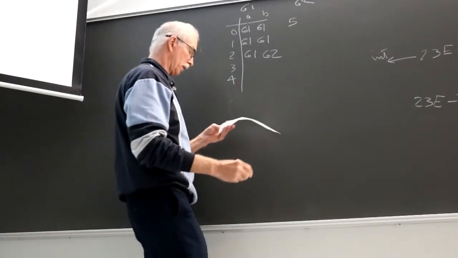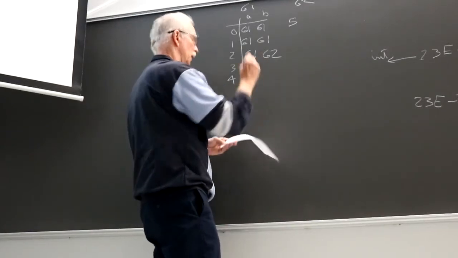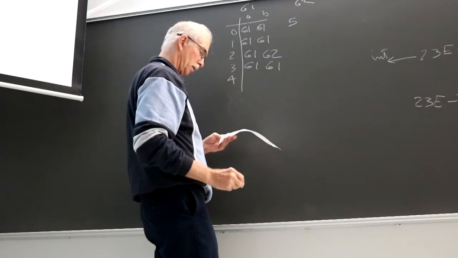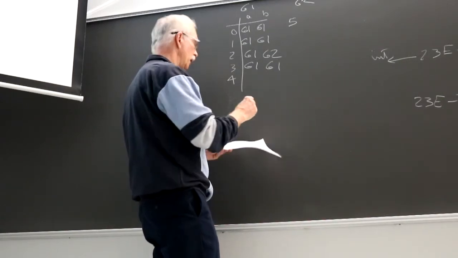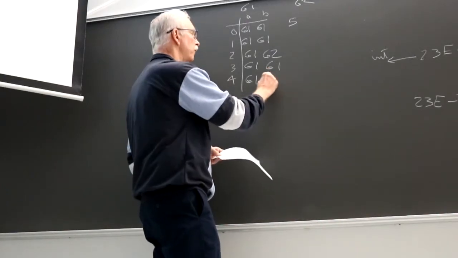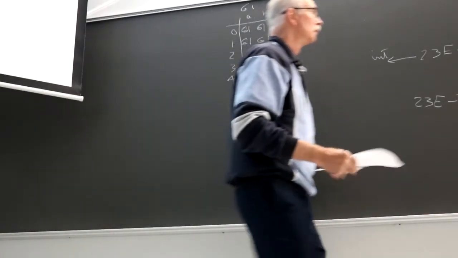3 on A goes to 3, who is group 1. 3 on B goes to 4, who's group 1. 4 on A goes to 4, who is group 1. 4 on B goes to 5, who is group 2.